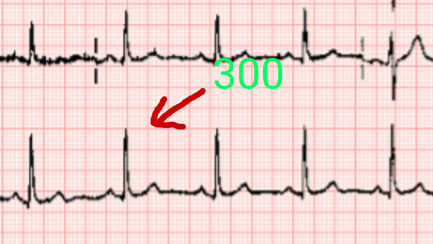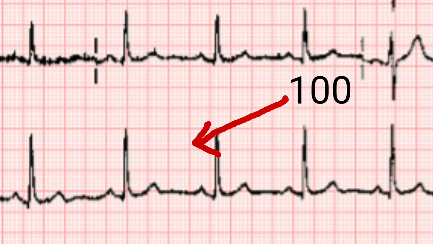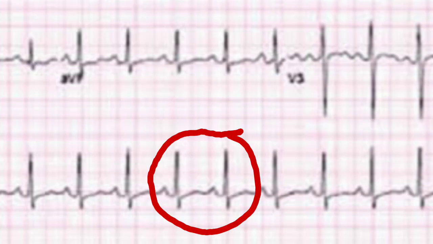On the first R wave you drop 300, on the next you drop 150, then 100, and depending upon the location of the second R wave, these digits will tell you the heart rate. Now take this example. In this ECG, the heart rate is more than 100.